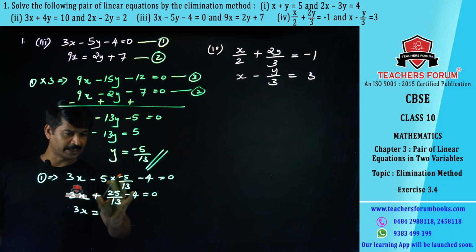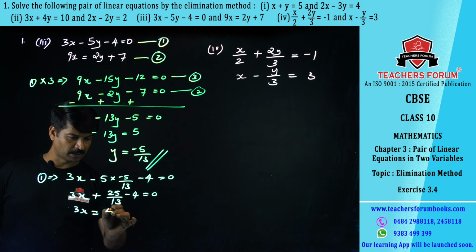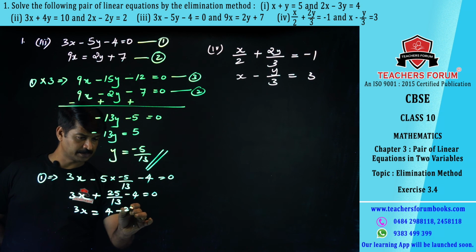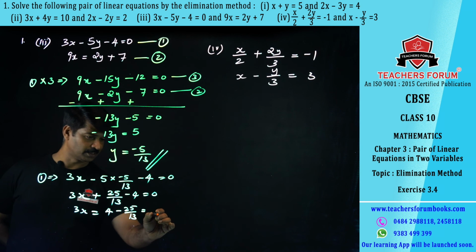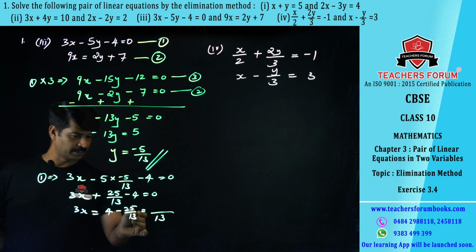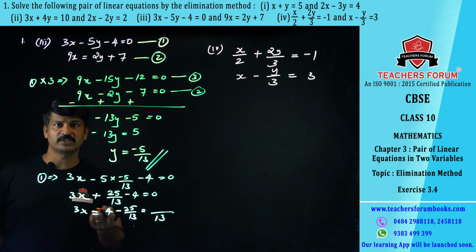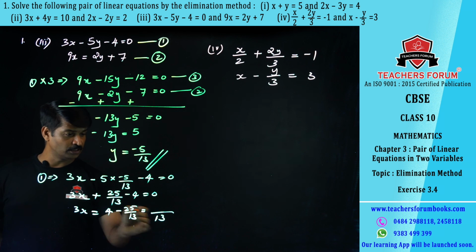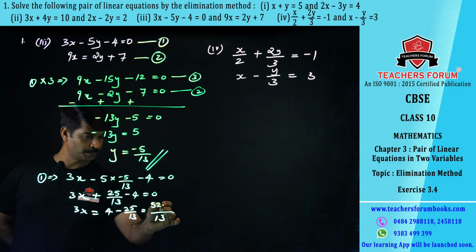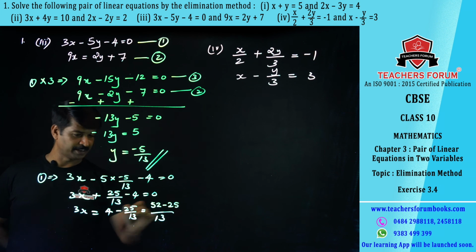You take these two terms to the right side, it becomes 4 minus 25 by 13. You can take 13 as LCM. Then 13 into 4 is 52, so it equals 52 minus 25 by 13.